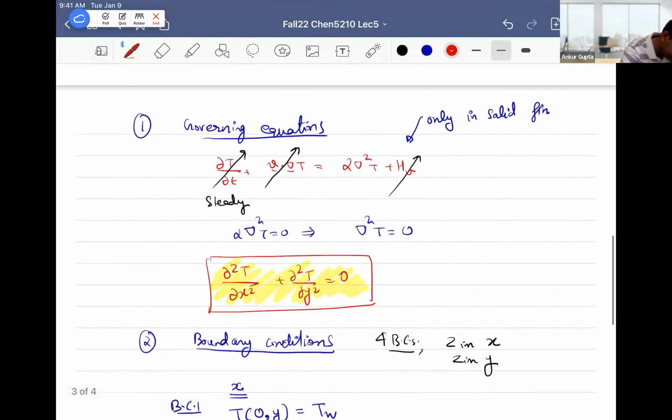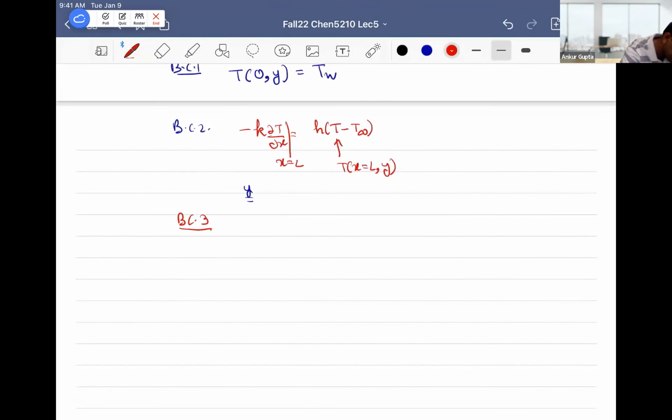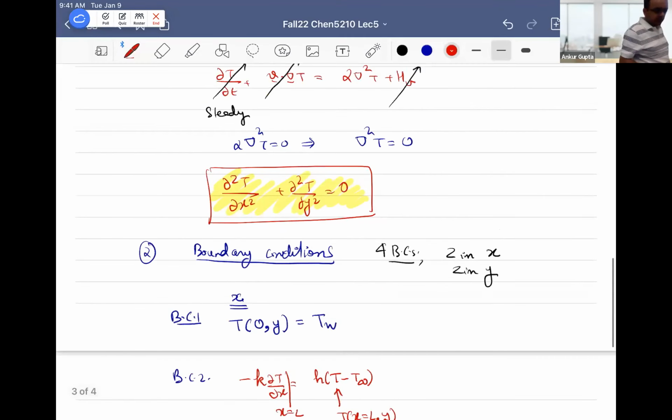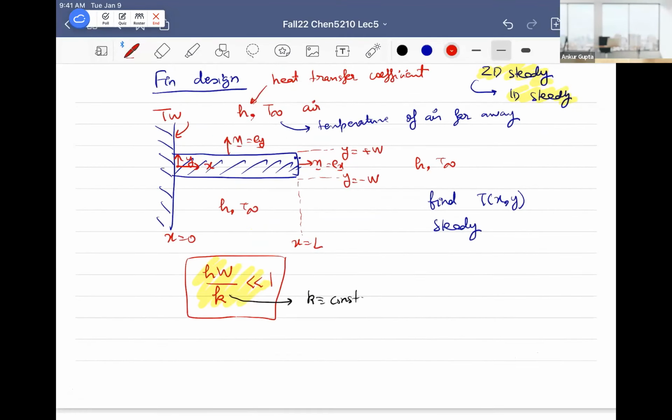Then I'll say minus k dT/dy at y equal to W is equal to h (T minus T infinity). Note that I have taken this normal to be e_y and I'm going from temperature T to T infinity far away, because the temperature far away is T infinity. So T minus T infinity.